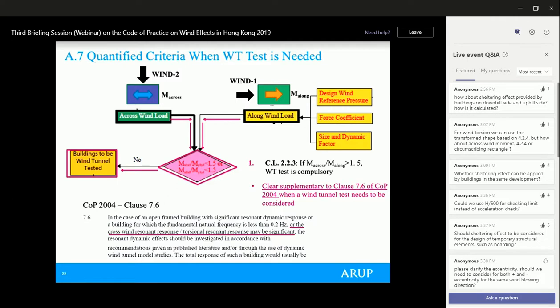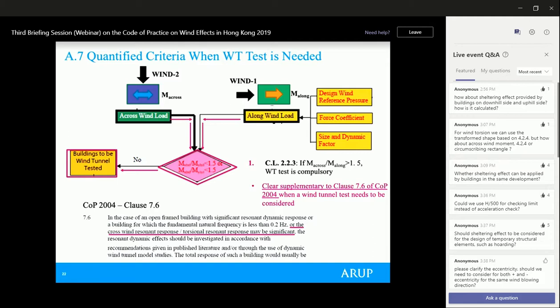Yes, and then maybe just to supplement that. When a building is torsionally sensitive or dynamic response is significant, even in the 2004 code, it already mentioned that you have to have special consideration for the design. And in the new code, we actually give a quantified method to assess this criterion.